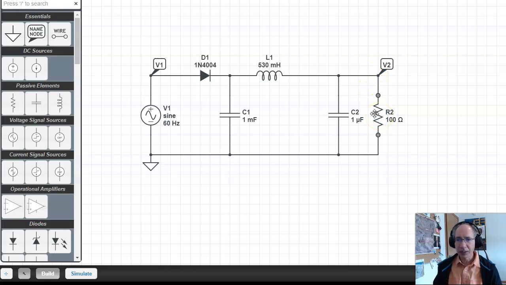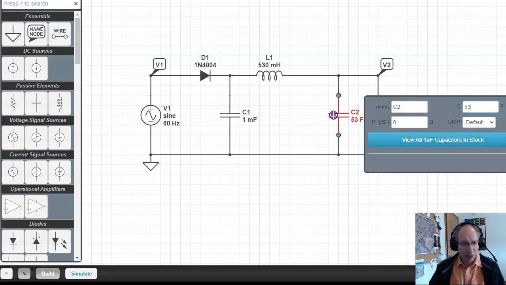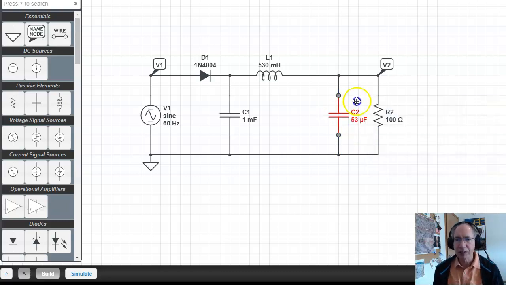So picking C2 so that 1 over jωC is 50. Did that wrong. So it should be 53 microfarads. We'll talk about this in a sec. This is 50 ohms at 60 hertz.